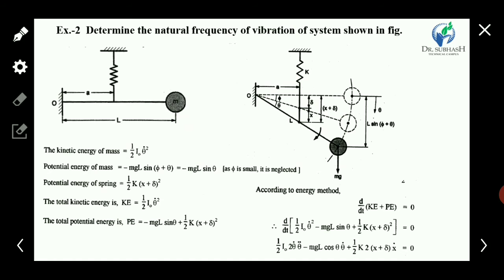The total kinetic energy is only one term, and the total potential energy is the spring energy plus the energy due to height.